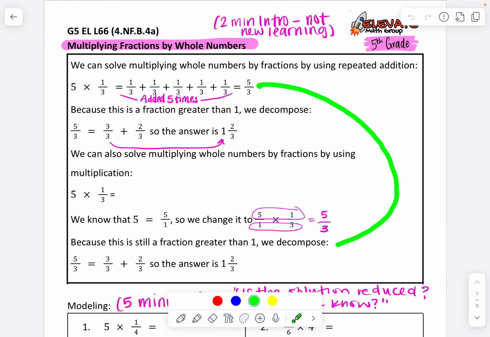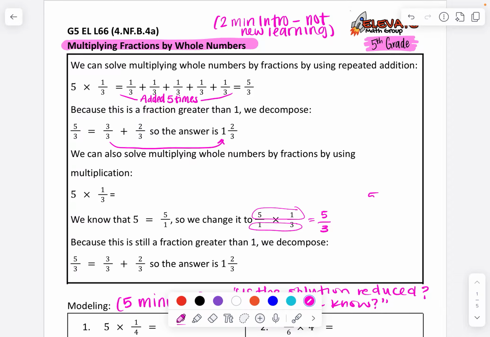From there, we are going to decompose it using maybe a number bond and saying, okay, one side of the number bond is 3/3, which is 1 whole, and then 2/3 is left over, giving us a total of 1 and 2/3. Students might also be familiar with using long division.